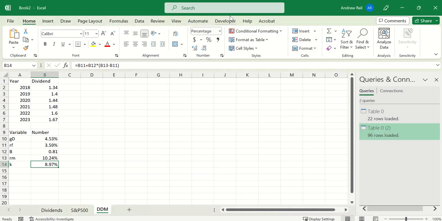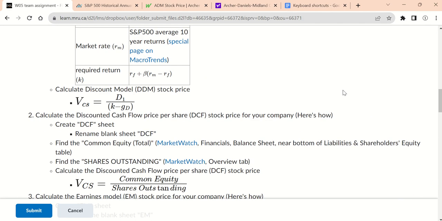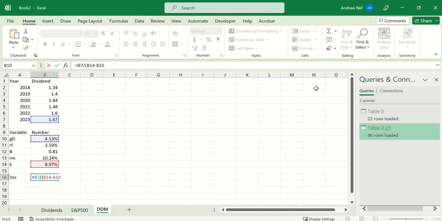And then I think I can now do the formula. The D1 over the difference between the required return and the dividend growth rate. So D1 is the 2023 one, divided by, I'm going to put in brackets, the required return minus the dividend growth rate.